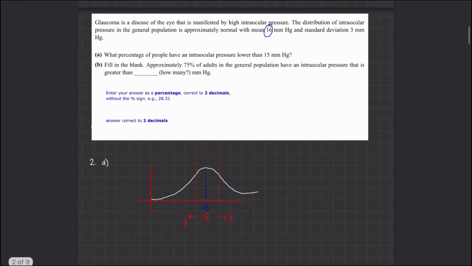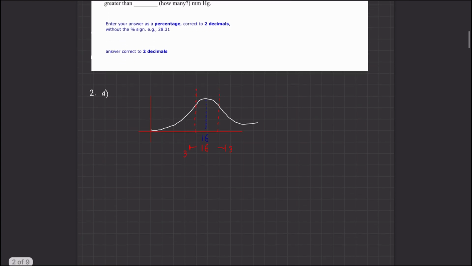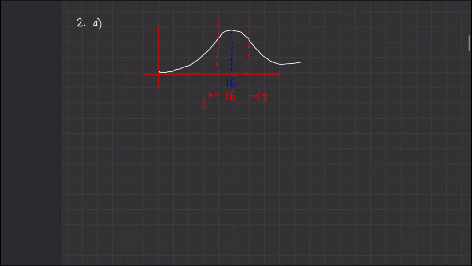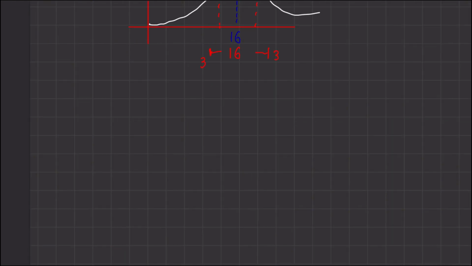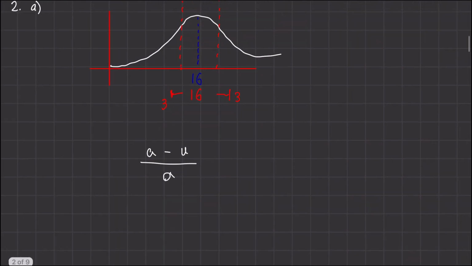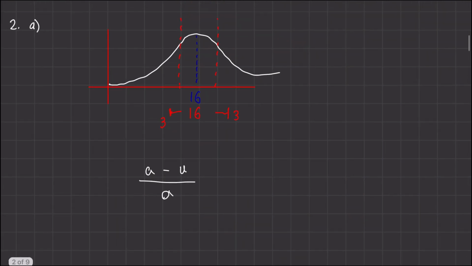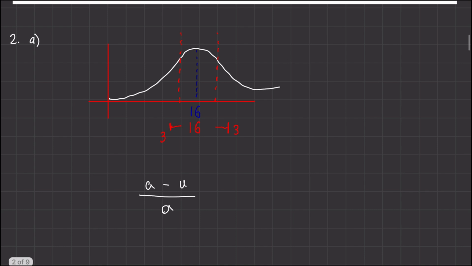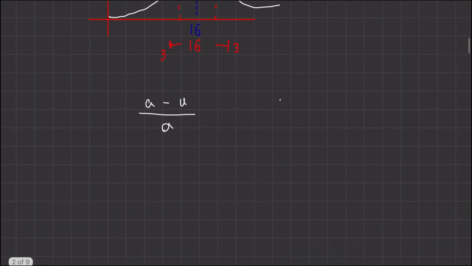What percentage of people have an intraocular pressure lower than 15? So we use the formula (A minus mu) over sigma. What these values represent is, A just represents the value we are trying to find, so in this case, it would be 15.